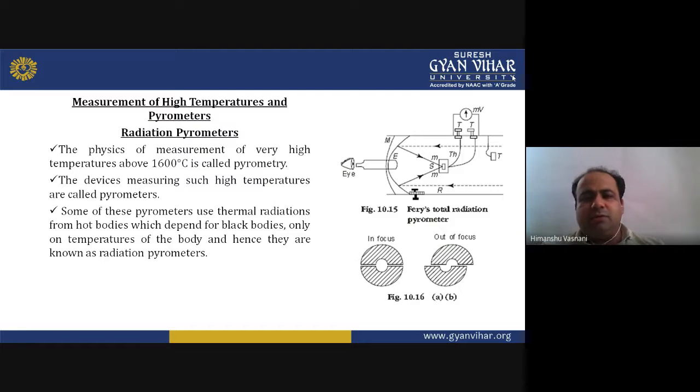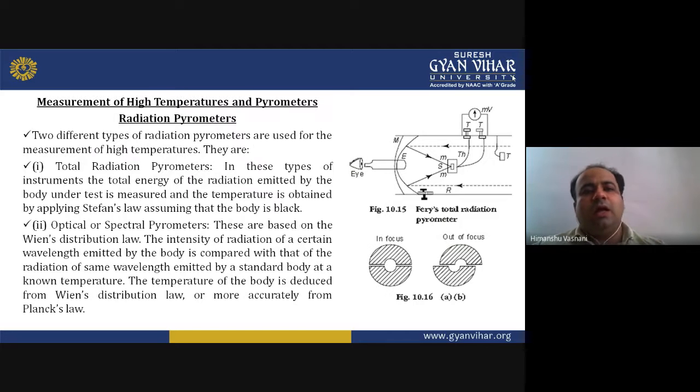You can see in the diagram also there is the arrangement of Fery's total radiation pyrometer. We will be discussing this in the coming slides. Two different types of radiation pyrometers are used for the measurement of high temperature. The first one is the total radiation pyrometer.